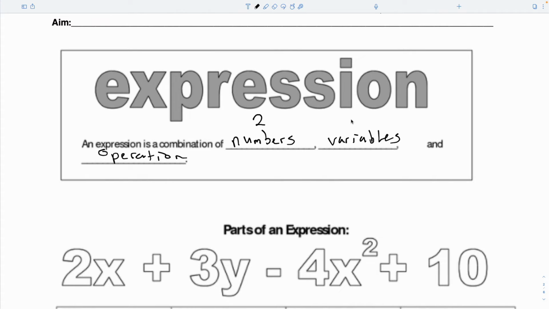A variable is something like that or that. An operation is that or that or that or that. Okay, so 3 things going on to make some expression.